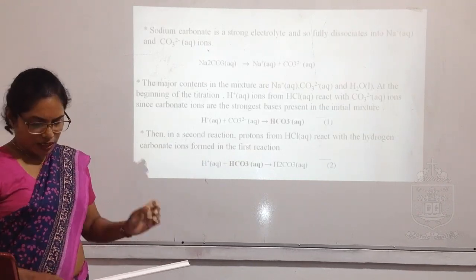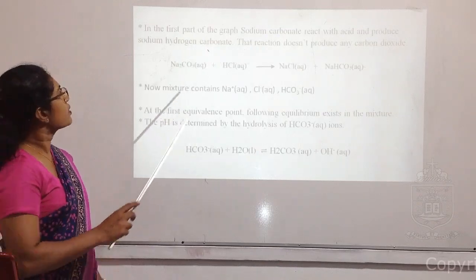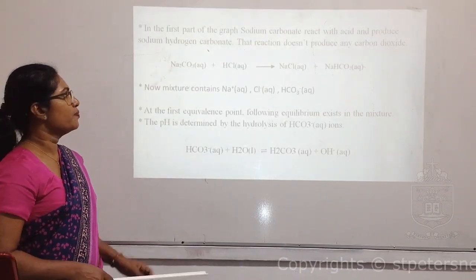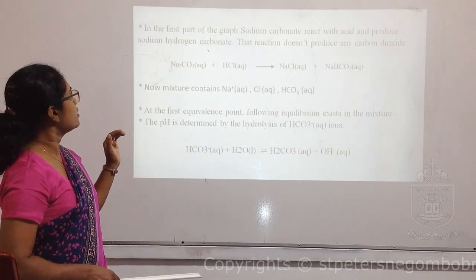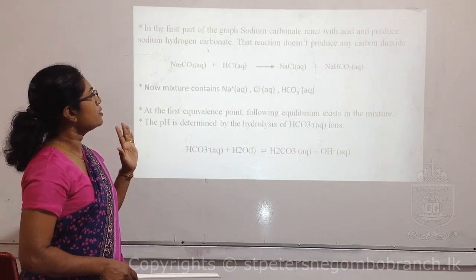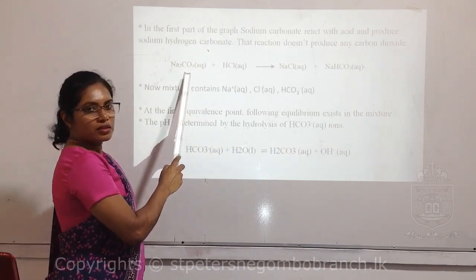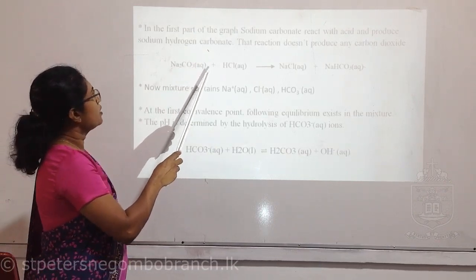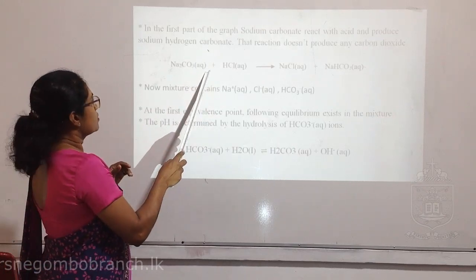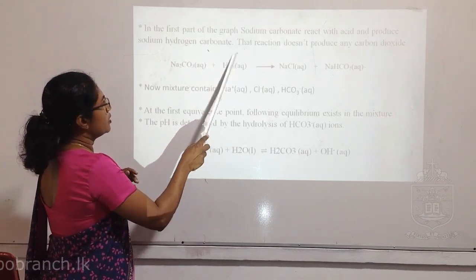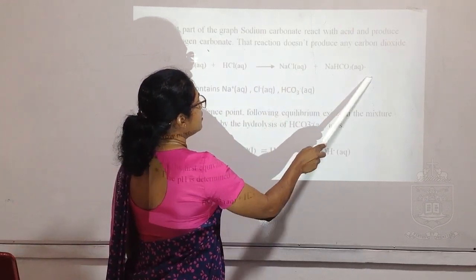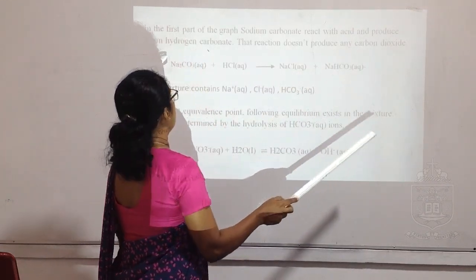In the first part of the graph, sodium carbonate reacts with HCl and forms sodium chloride and sodium bicarbonate.